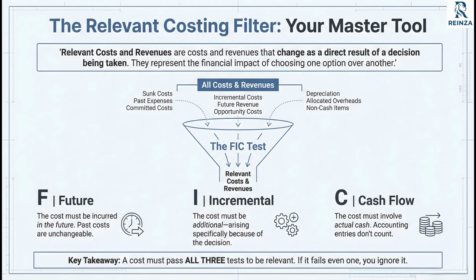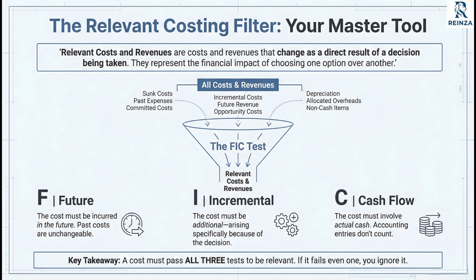So, how do you know if something passes through the filter? Apply the FIC test: F for future, I for incremental, and C for cash flow. Let me spell that out. FIC. F stands for future. The cost must be incurred in the future. Past costs are unchangeable and therefore irrelevant.